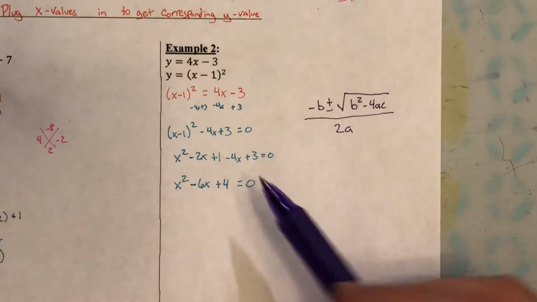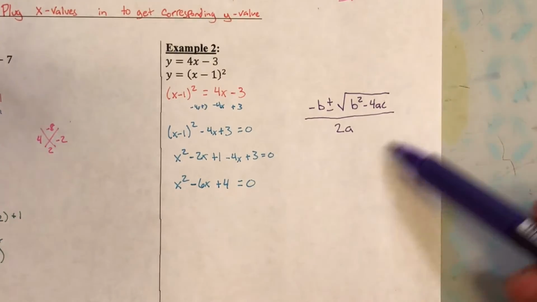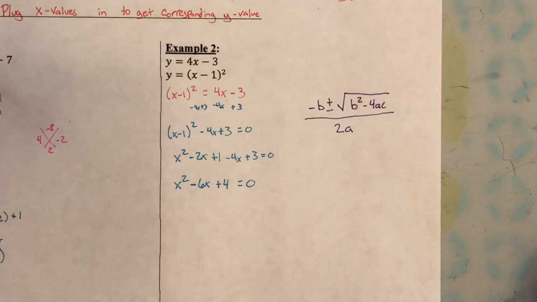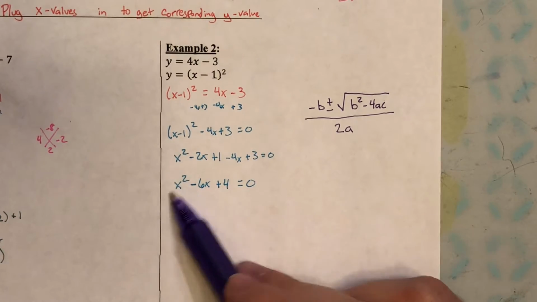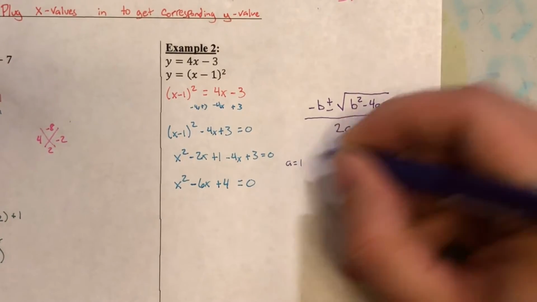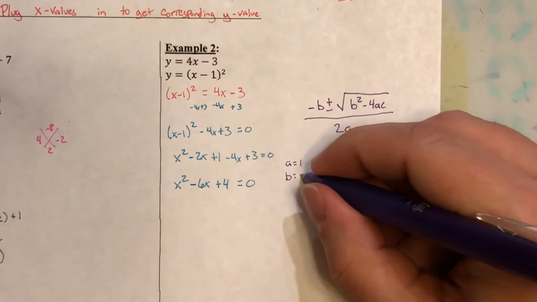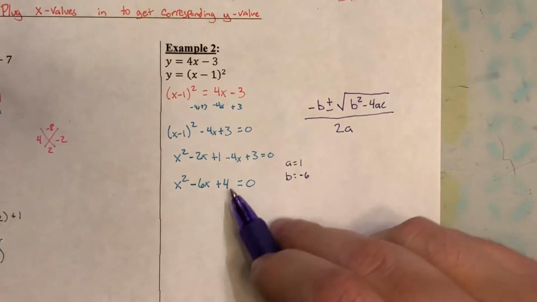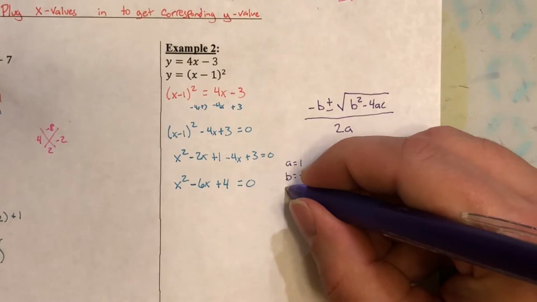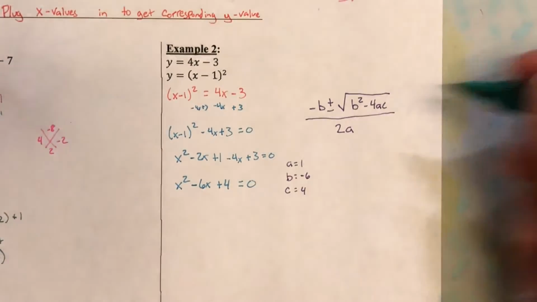So we need to identify our a, b, and c values and just put those in their corresponding spots in there. So my a value comes from my x squared term, so a is 1. My b value comes from the x term, so b is negative 6. And my c value comes from my constant, so c is 4. So I can go plugging these values in.